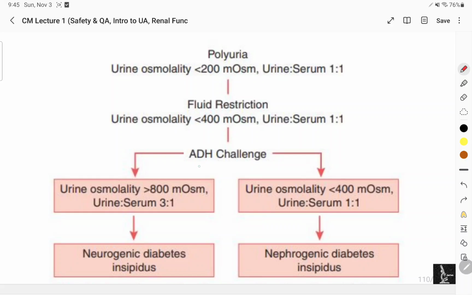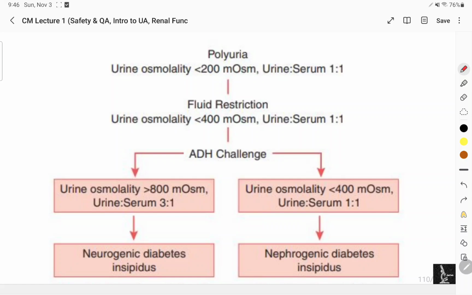If after ADH challenge kay na-correct imong osmolality, ni ispiso na siya, greater than 800 na, good. But if after ADH challenge kay less than 400 gihapon imong osmolality, so meaning naa kay ADH but the problem is diri sa imong kidneys. The problem is naa sa imong collecting ducts.